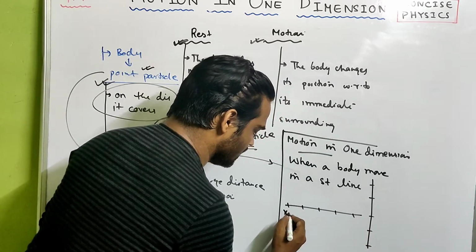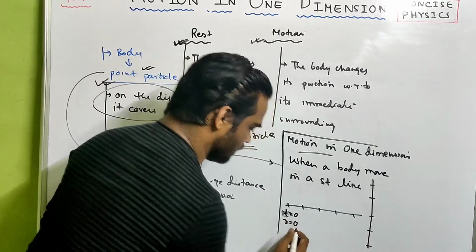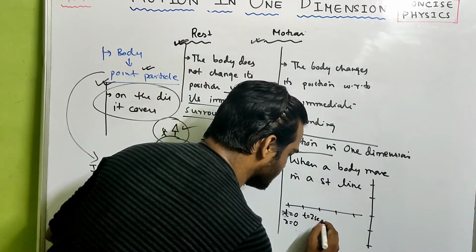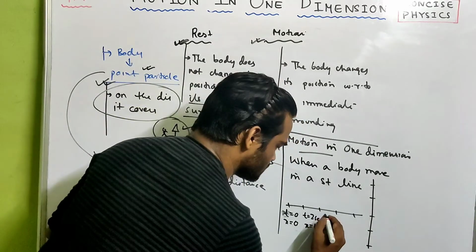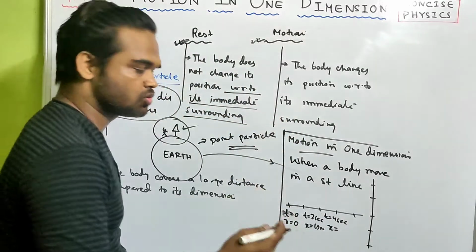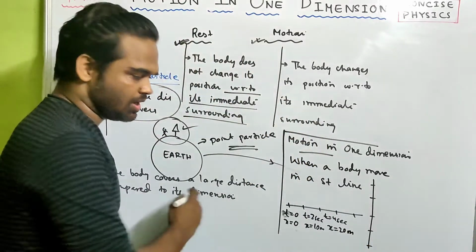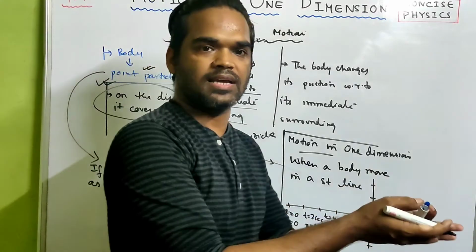Suppose at t equals 0, the distance covered was, of course, 0 meter. Then at t equals 2 seconds, it goes 10 meter. At t equals 4 seconds, it goes to 20 meter. So like this you can express the motion of the train by the x-axis.